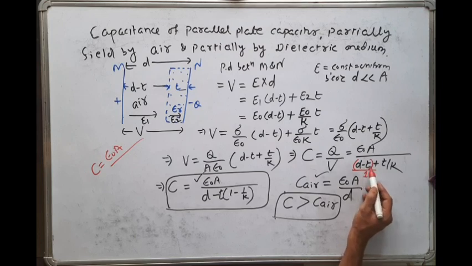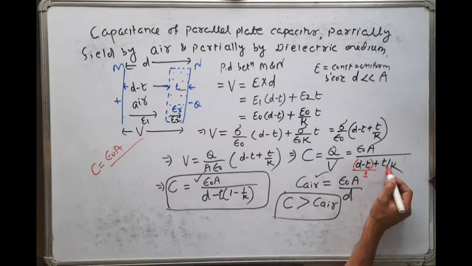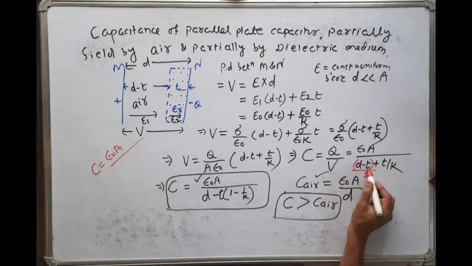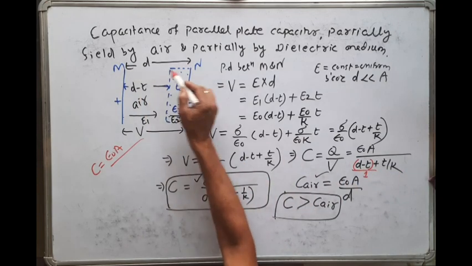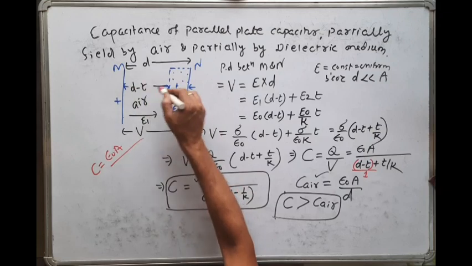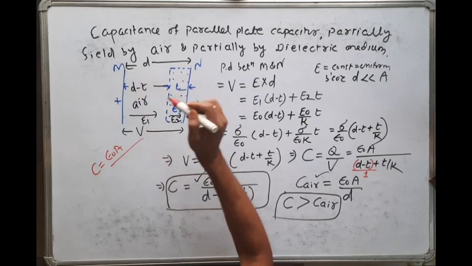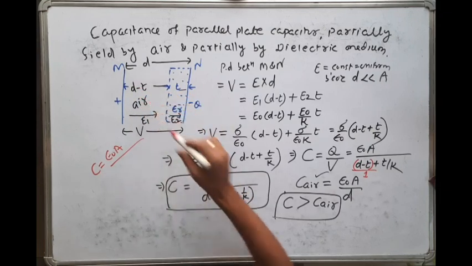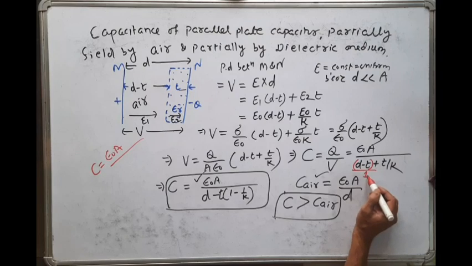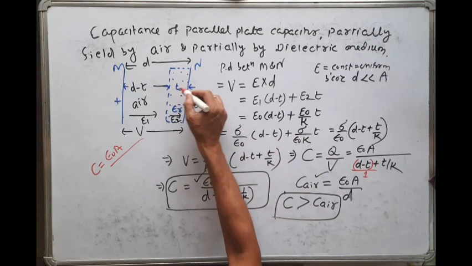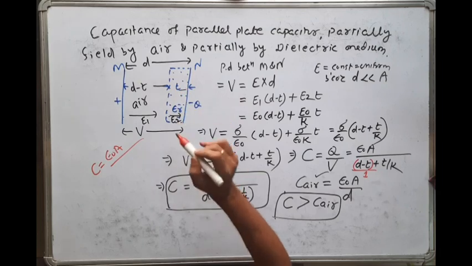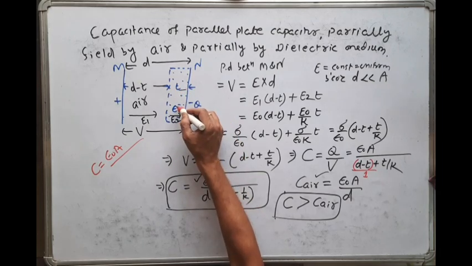So this is D minus T by 1 plus T by K. What is D minus T? This D minus T is the thickness of air. And what is the relative permittivity of air? 1. And what is T? T is the thickness of the dielectric medium. What is the dielectric constant of that medium?